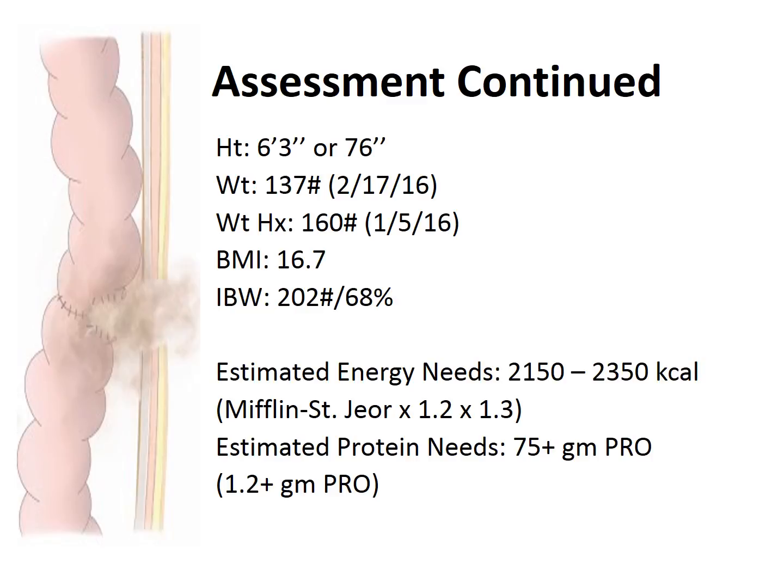Taking that weight divided by the height, and then dividing that again by the height, and timesing it by 703, gave us a BMI of 16.7, indicating that JM was underweight, as this was below 18.5.